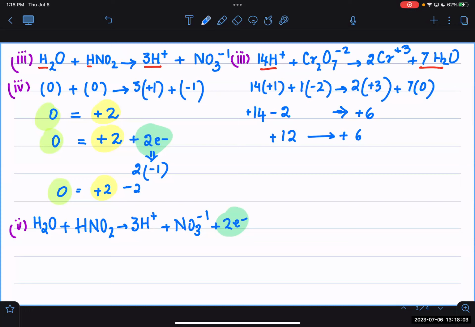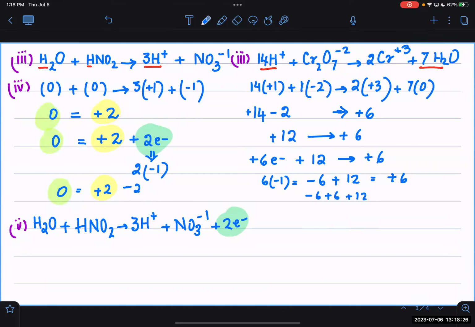So if you add 6 electrons, plus 12, that gives you positive 6. In other words, this is going to be 6 times minus 1, so that is minus 6 plus 12, which is equal to positive 6. Oh, sorry, positive 6, sorry. So this one was positive.